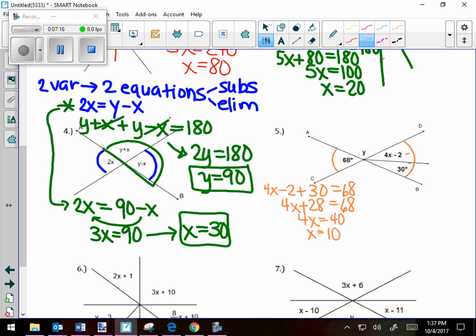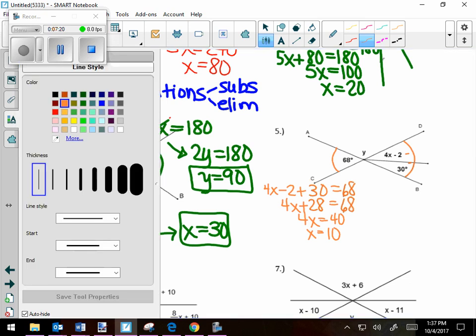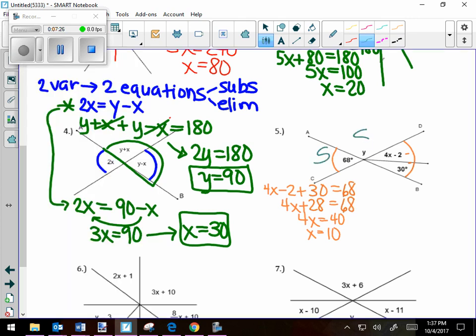To figure out the y value, what I'm going to work with is the fact that I realize that I have supplements. And with the supplements, 68 and y are supplementary because they sit on this straight line. So that means that 68 plus y has to equal 180, minus 68 from both sides, and I get 112.